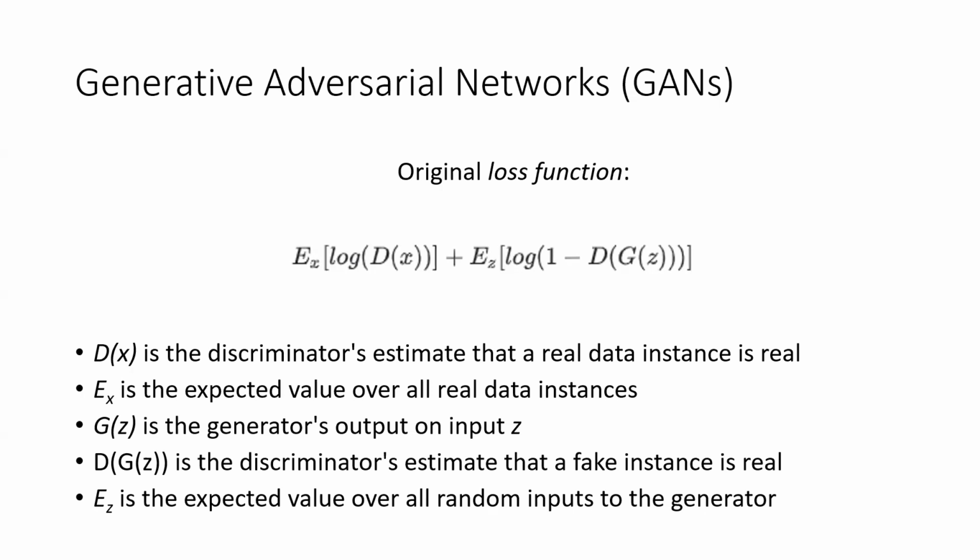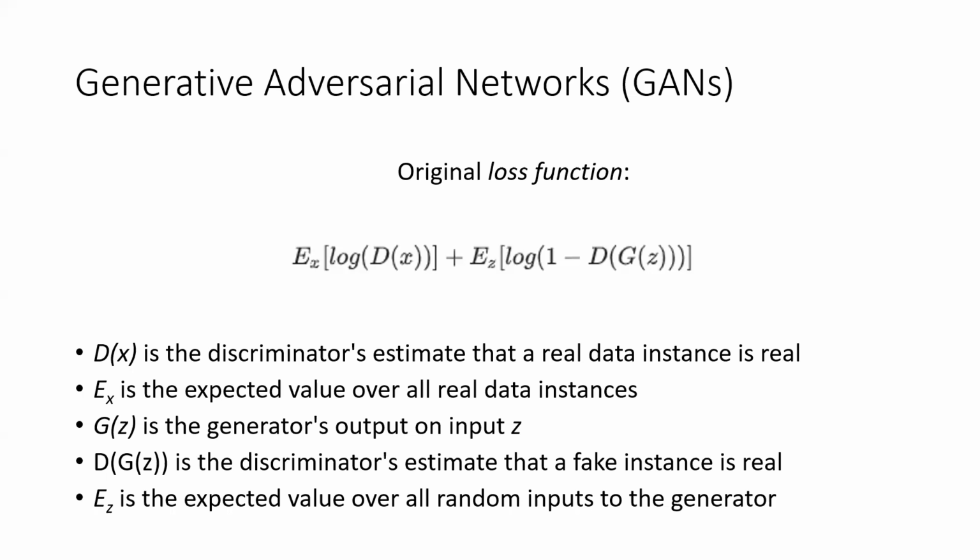The only difference is that the discriminator is trying to maximize this loss function, while the generator is trying to minimize it. The discriminator, by maximizing it, learns to predict parts of the original data set as correct.